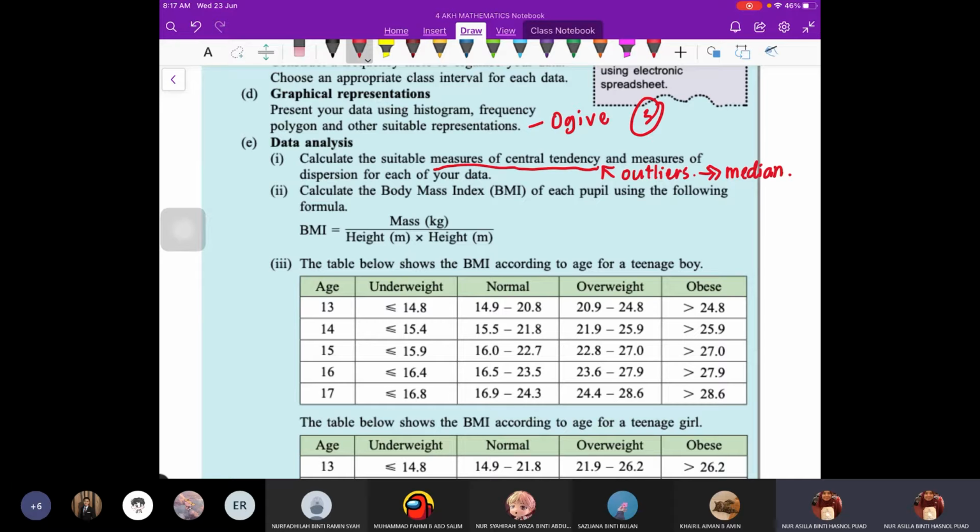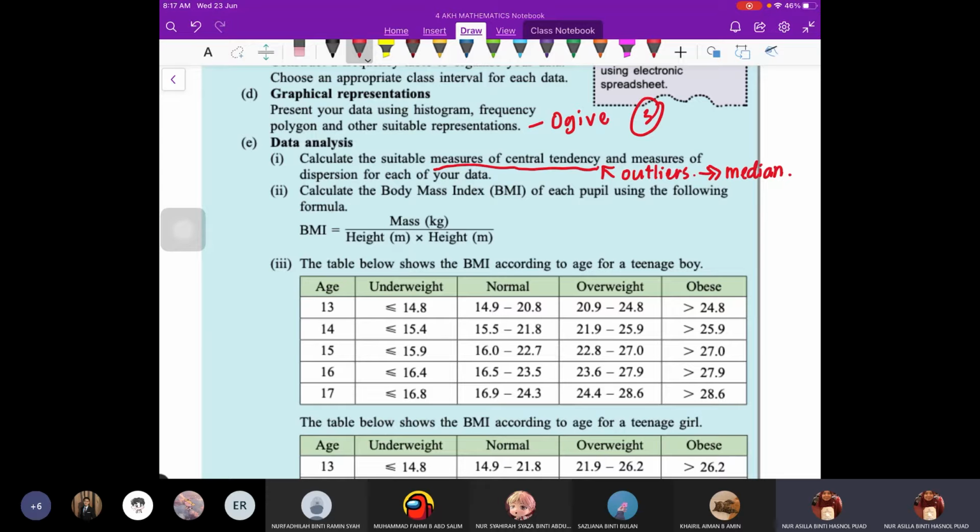Sebab apa? Mungkin salah satunya adalah disebabkan pelajar ini ada health concern. Rupanya selepas kita selidik, dia ada masalah jin ke ataupun masalah kesihatan lain. So you have to tell. And then daripada situ you decided untuk dapatkan findings yang what we call as clean findings.